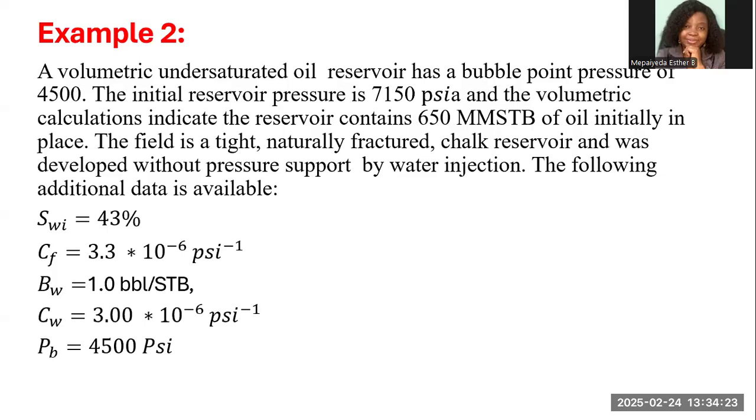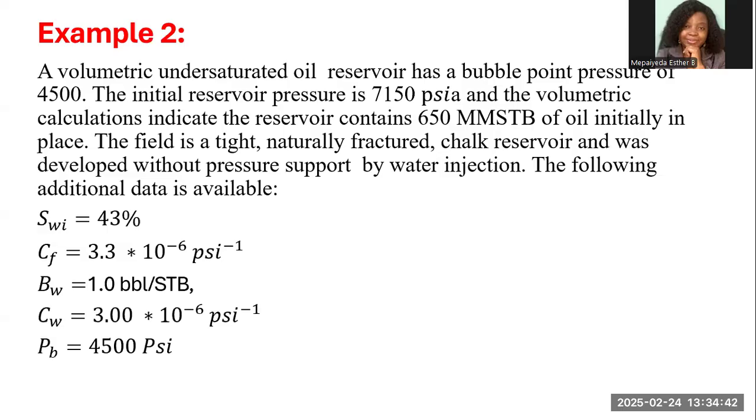The field is a tight, naturally fractured chalk reservoir and was developed without pressure support by water injection. So there was no pressure support, there's no water injection. And then the following additional data from the volumetric calculation was given.